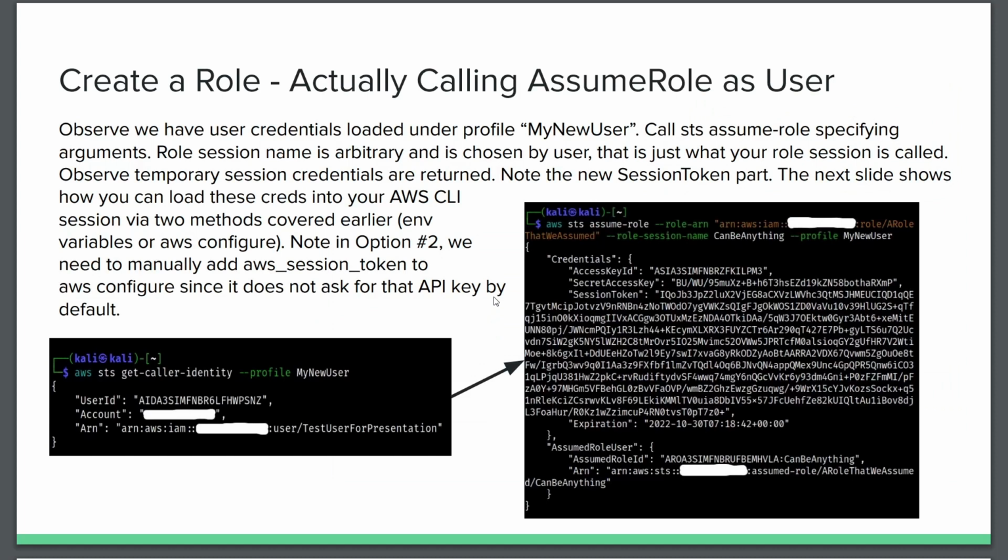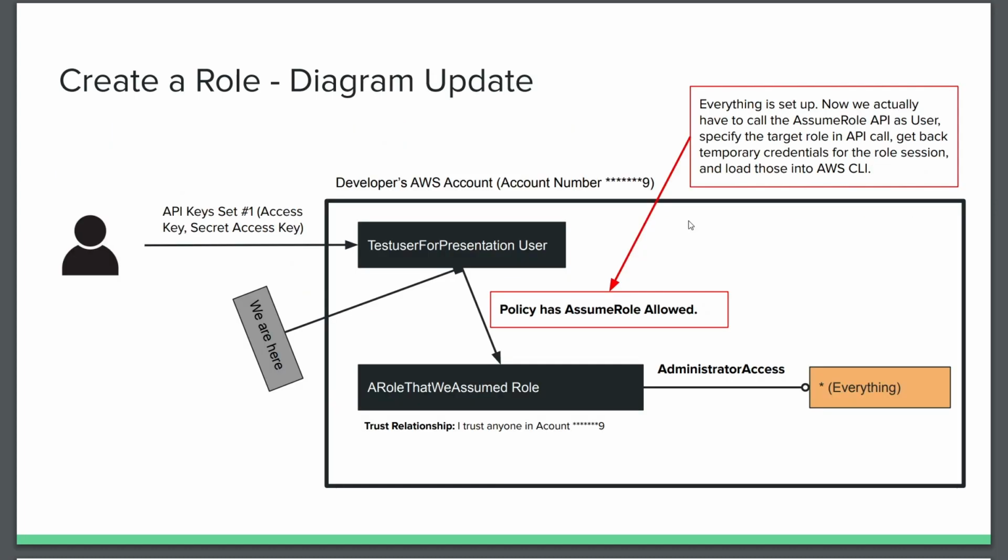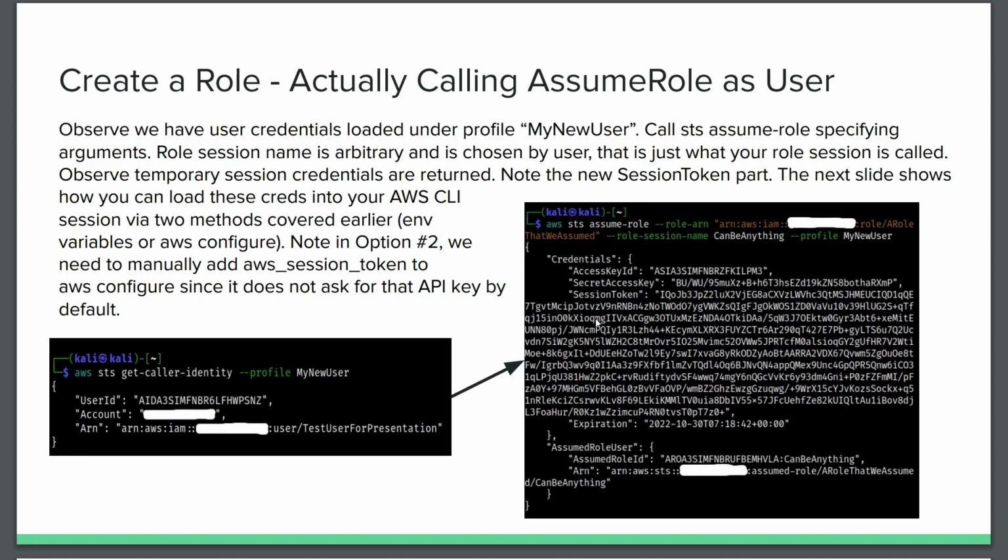So this is what the AssumeRole API looks like. This arrow going from user to this role, where I say you have to make the AssumeRole API call, this is what that looks like from the CLI perspective. You can see on the left here, I'm showing you have API creds for the user, so you're making API calls as that user.